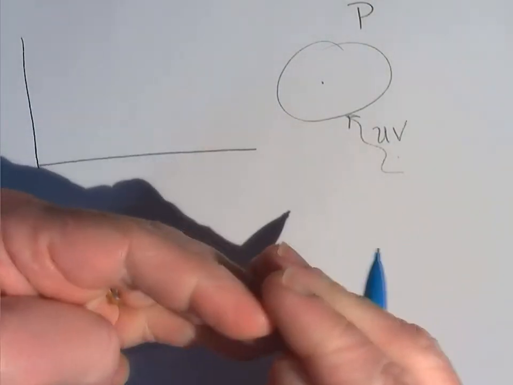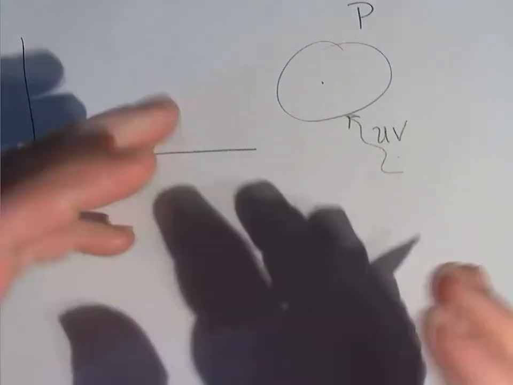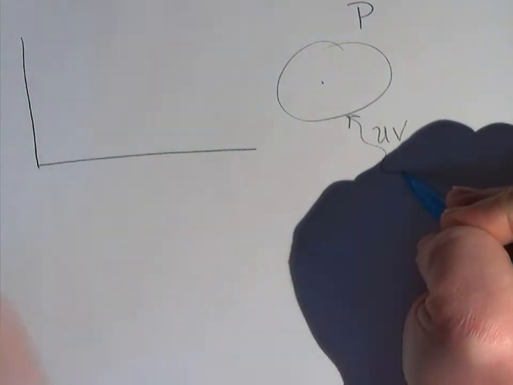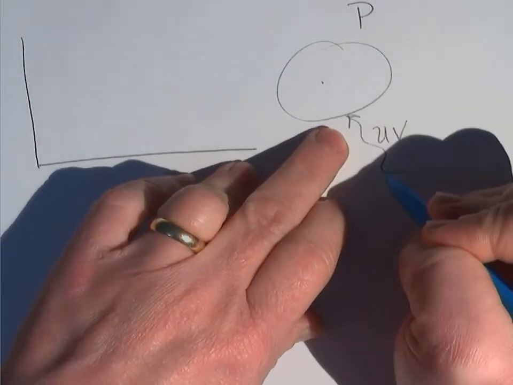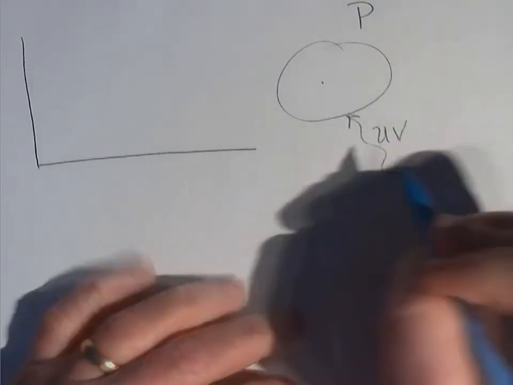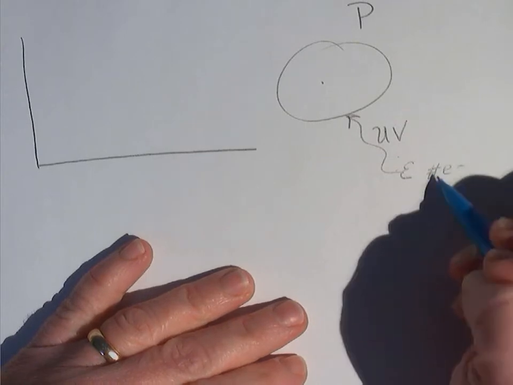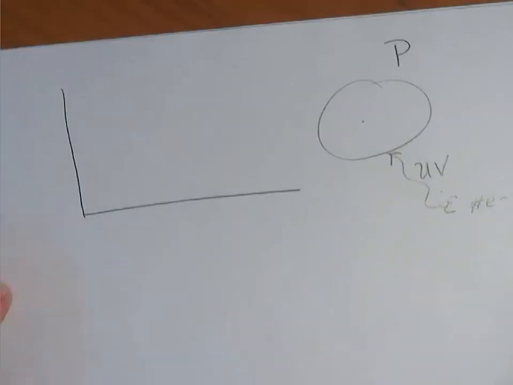And we keep increasing the energy, or increasing frequency, decreasing wavelength, until we eject electrons. And we measure the energy at which they're ejected and then the relative abundance or the number of electrons. And then we graph it.